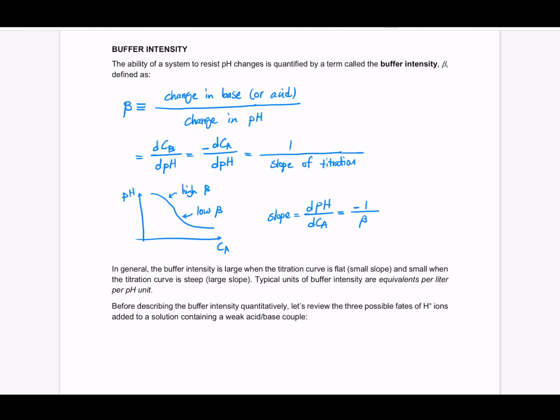Because mathematically we can use a programming language, calculate the slope at each point, and then pH would be our x-axis, and the slope would be our y-axis. So we could potentially convert this into something like pH versus beta from here to here. But before doing that, we're going to see how we can construct a mathematical description of the beta value by itself without going from here to there.